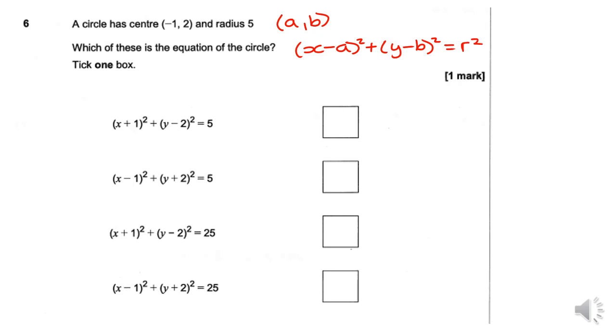So straight away, radius squared being 25 means that I'm interested in one of these two because it equals the radius squared. Which one of these is correctly taken away negative 1 and taken away 2? Well, it's this one, isn't it? Because this has kind of added the x and added the y, so that's the wrong way around. So it's definitely that one.